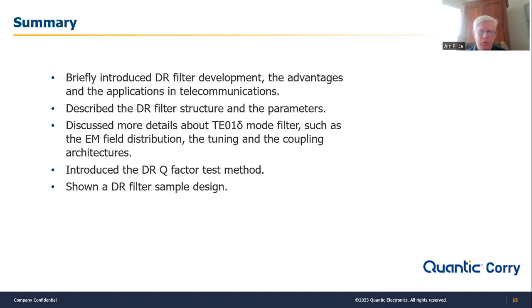I guess what I'd like to say mostly about these is that the performance of dielectric resonator filters is really far better than even a waveguide filter in terms of insertion loss. It's kind of hard to believe, but it's true. If you need the absolute lowest insertion loss filter that you can achieve, you're going to want to use a dielectric resonator filter.